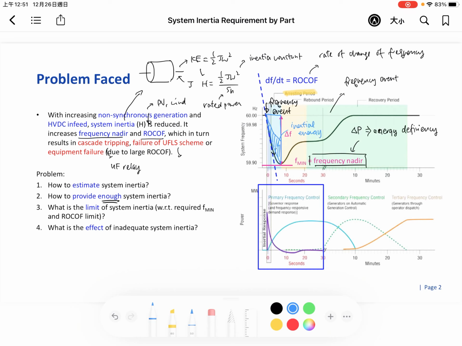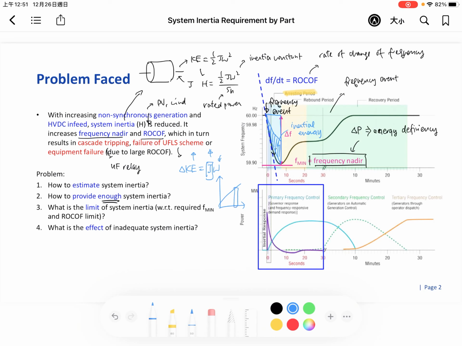And it is noted that KE is half J omega square, and delta KE is actually J omega delta omega, which means that with increasingly large J, or more and more thermal generator, synchronous generator, we need larger KE to change a delta omega.